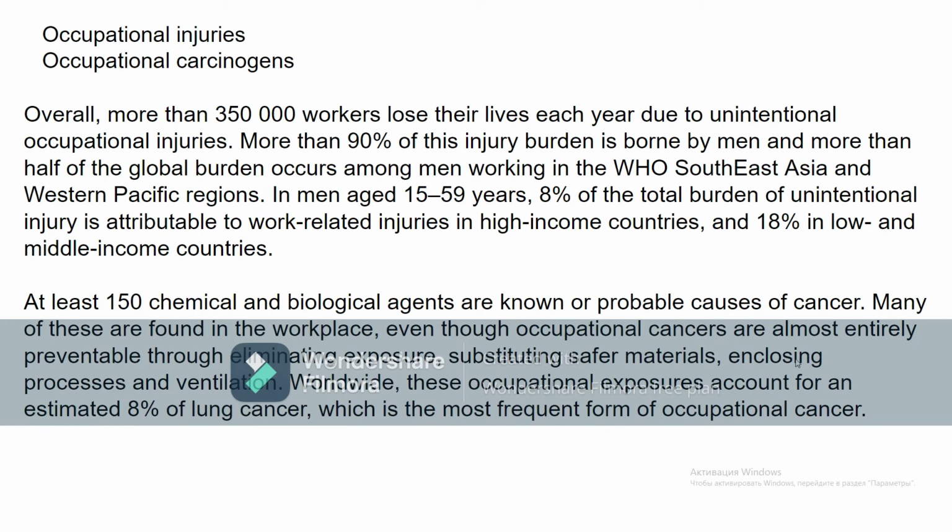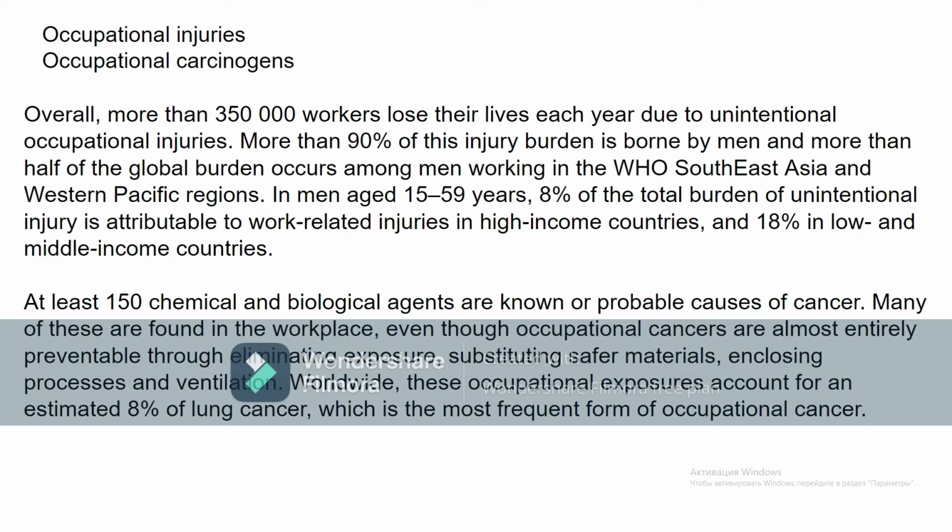And the next health-related issue is occupational injuries and occupational carcinogens. Let's talk about occupational injuries. Overall, more than 350,000 workers lose their lives each year due to unintentional occupational injuries.